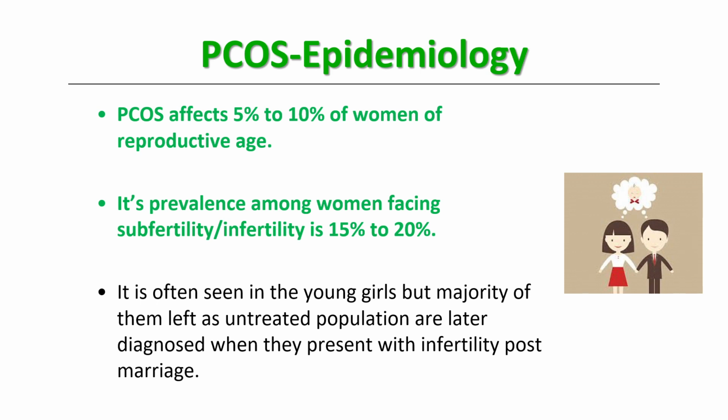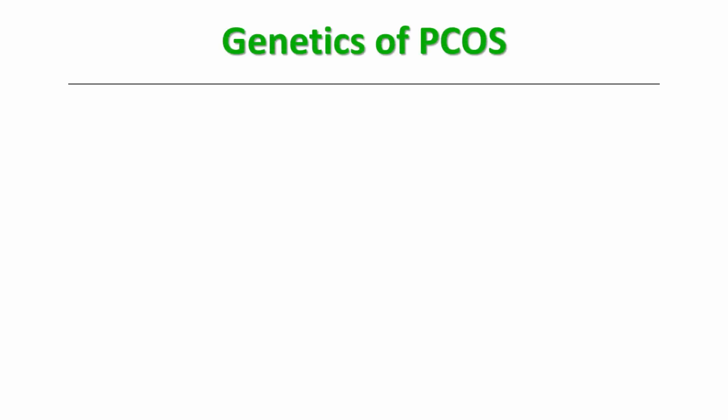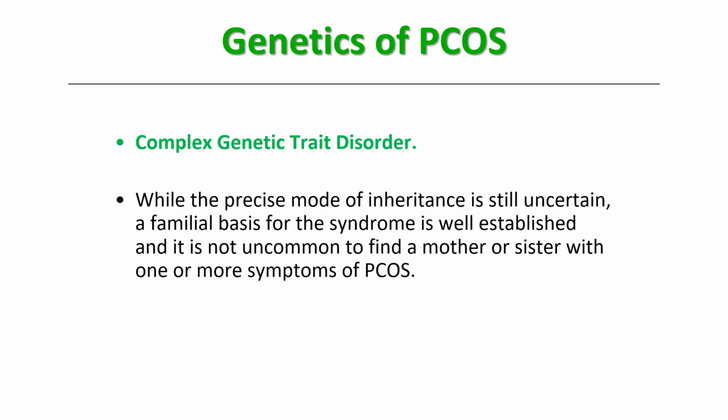So that is the most common complaint they come up with in their adult life. If we look into the genetics of PCOS, it's a very complex genetic trait. While the precise mode of inheritance is still uncertain, a familial basis for the syndrome is well established, and it is not uncommon to find a mother or a sister with 1 or more symptoms of PCOS.